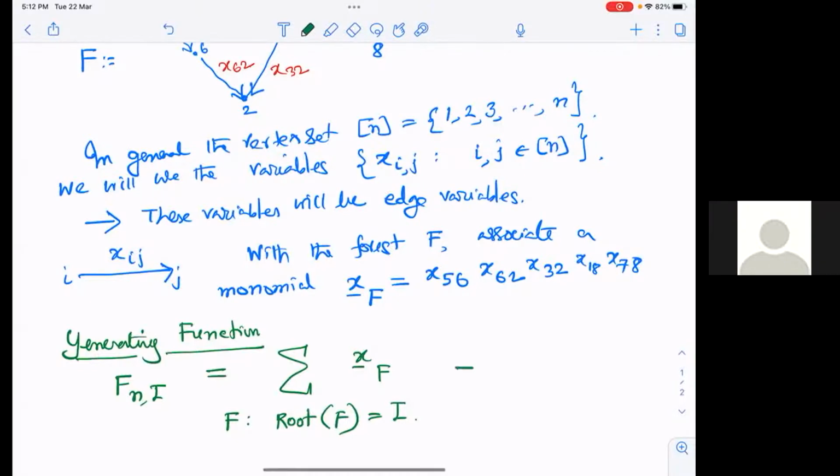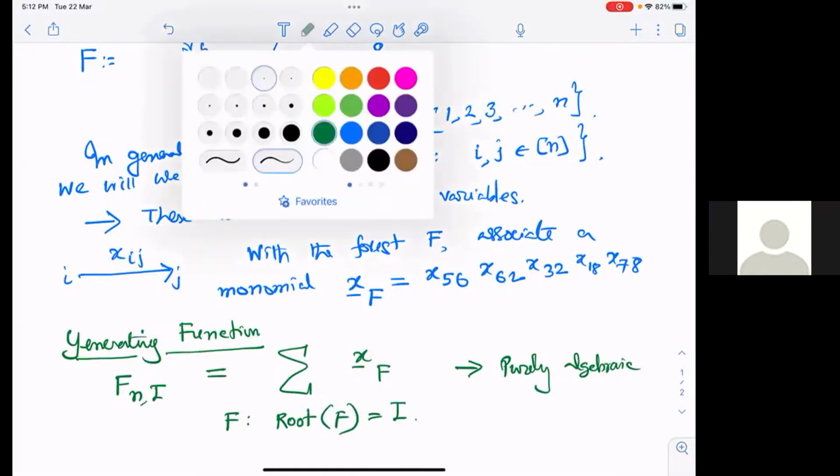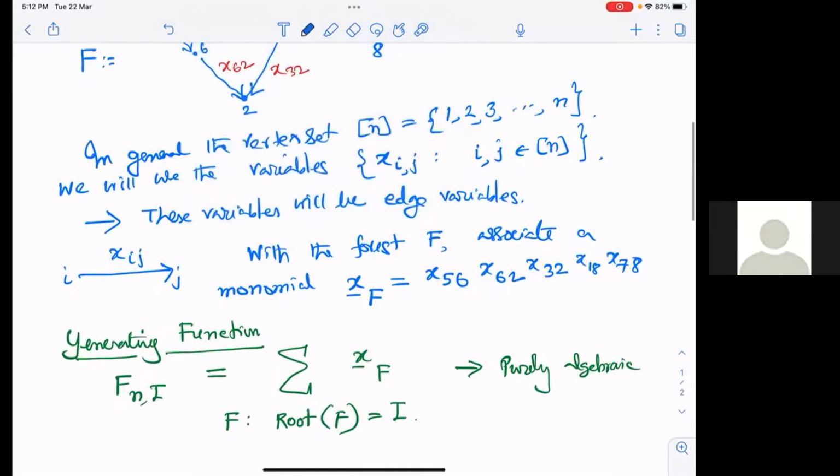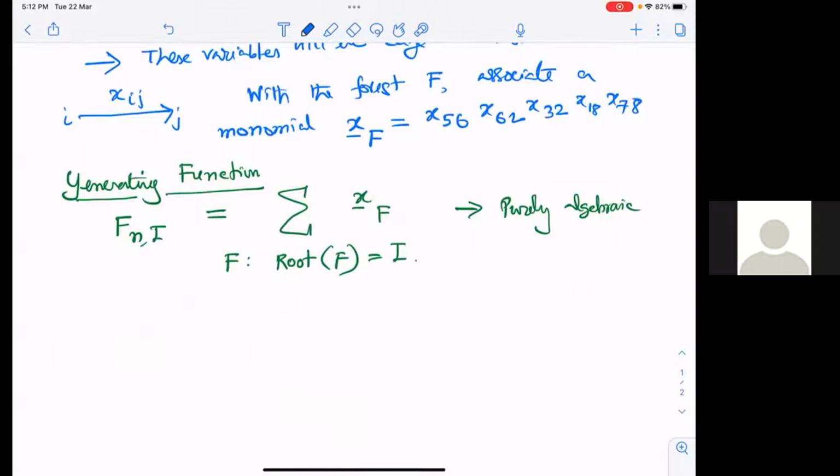This is purely algebraic. From graph theory, I have constructed a polynomial, which is completely algebraic. And I will also be interested in the following matrix.